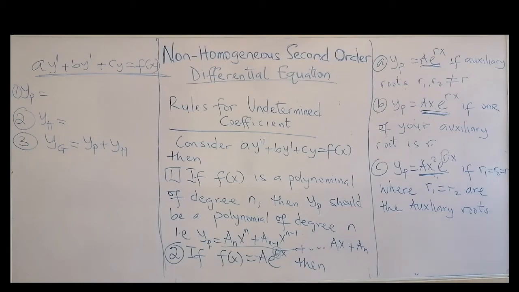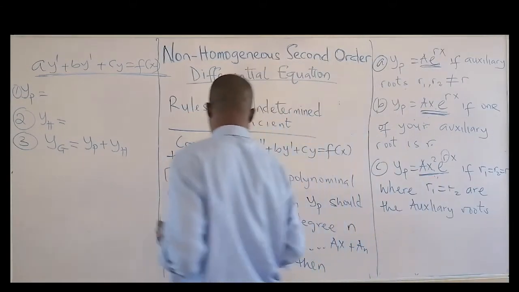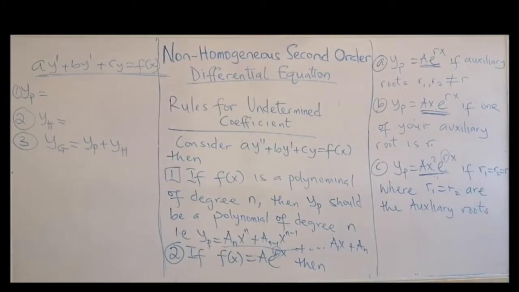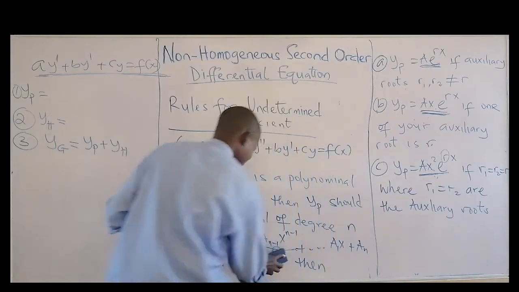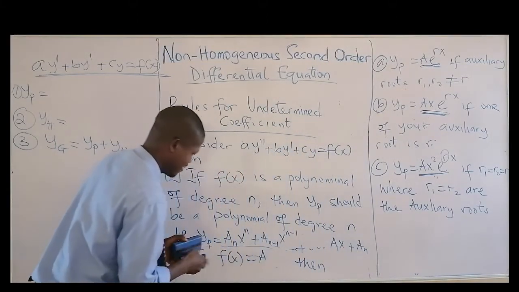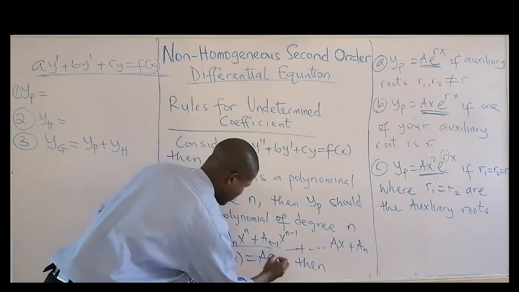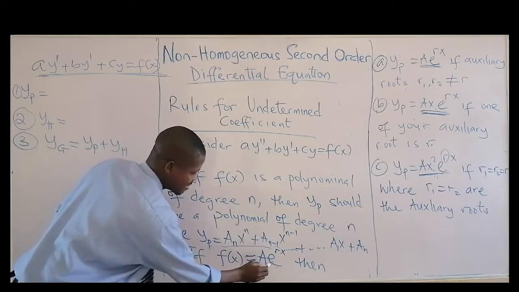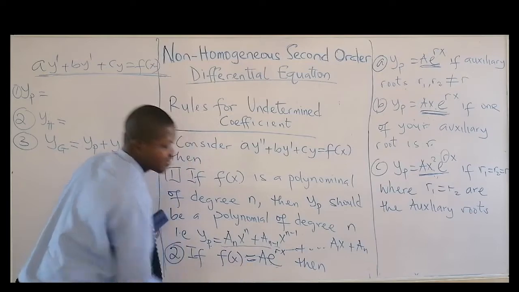The second case is whereby your f of x is of this form: a times e to the power rx.